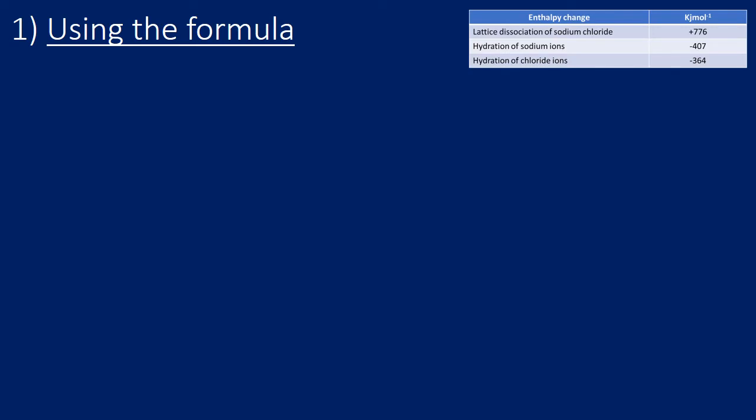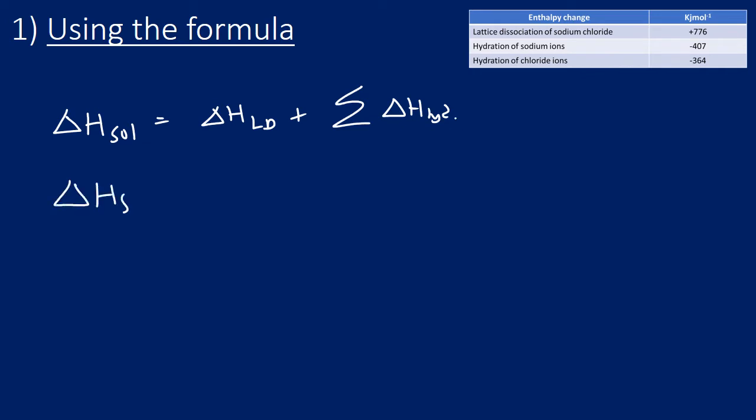So we can just use the formula. To remind you of the formula, it was enthalpy of solution is equal to the enthalpy of lattice dissociation plus the sum of the hydrations. So in this case, sodium chloride. The enthalpy of solution is going to be equal to the lattice dissociation, which we are given is plus 776, and it's plus the sum of the hydrations.